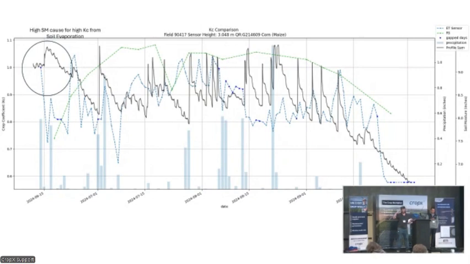So this is what we were talking about before with a crop coefficient curve. It's the same sort of thing as before, where we take the actual ET and divide it by the reference evapotranspiration. So the blue line is not the ET in this graph. It's actually the KC, the crop coefficient, and the green line is the crop coefficient if we were to take it from remote sensing.